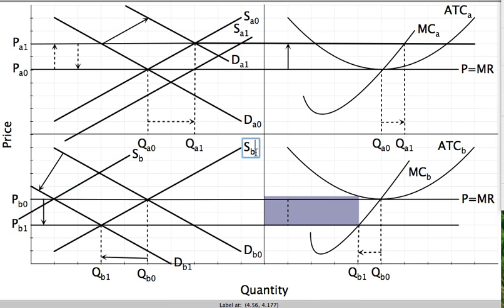So here is the original supply curve, and then here's the new supply after exit occurs. So the price moves back up to the original price, and that eliminates the economic losses. So we end up with the same quantity, but the price ends up increasing to the point where we have zero economic profits again.